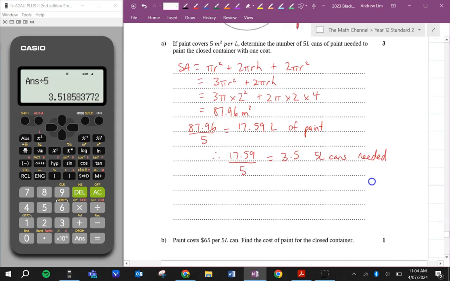I'm going to round that up because you can't buy half a can. Therefore, 4 five-liter cans are needed.